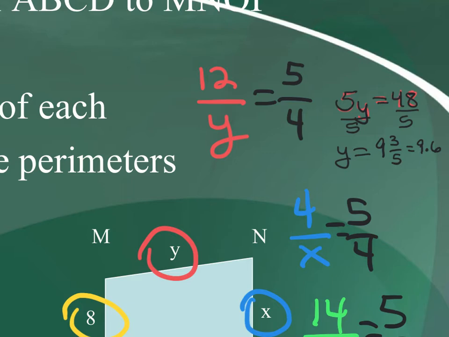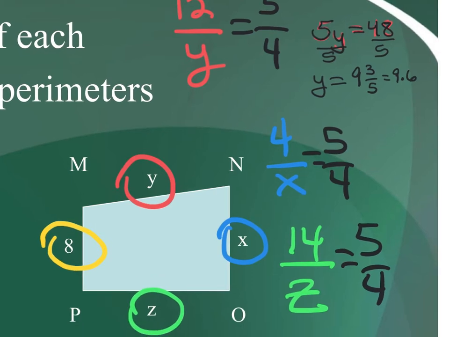Next, I'm going to solve the blue one. Cross products. 5 times x, 4 times 4, divide by 5, and x equals 5 goes into 16 3 times with 1 left over, or 3.2.